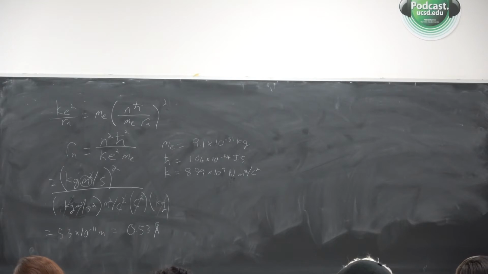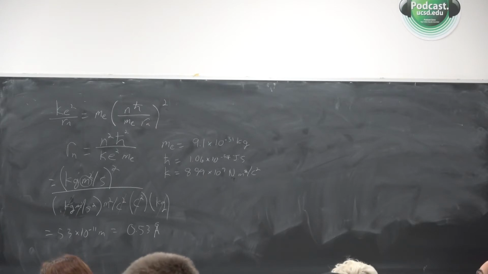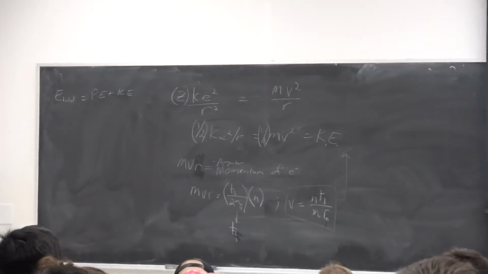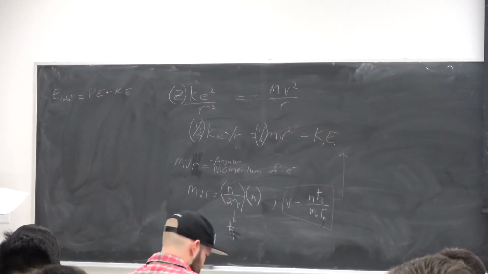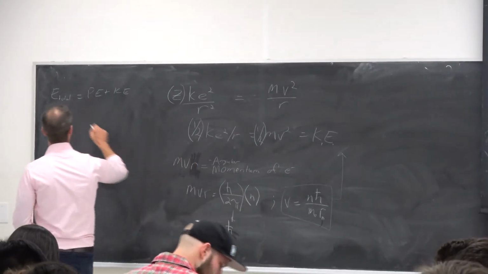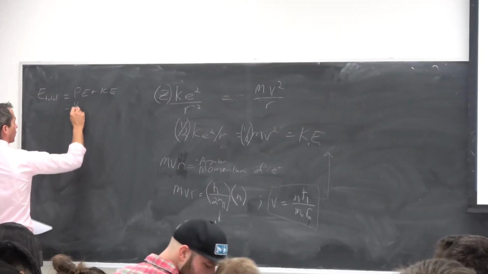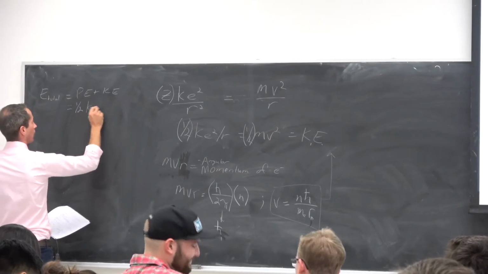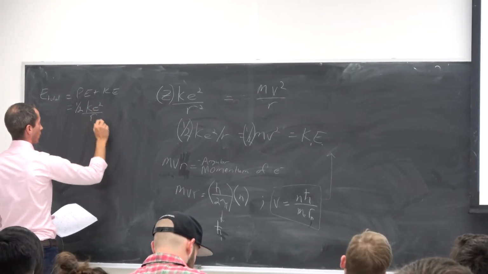Okay, so remembering this, our total energy is potential energy plus kinetic energy. And we know from here that kinetic energy is 1/2 k e squared over r.